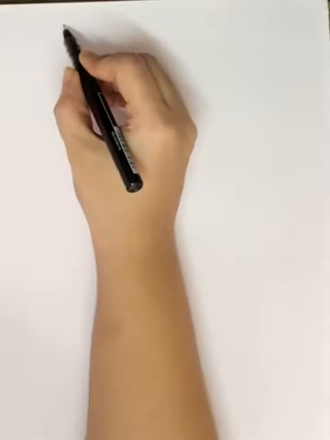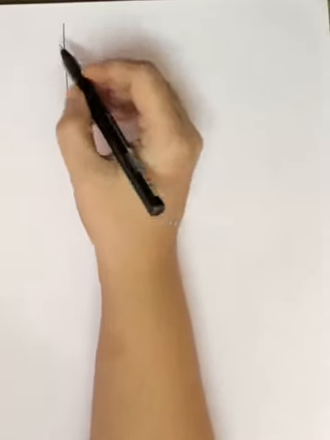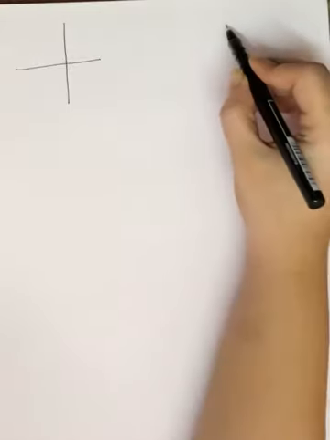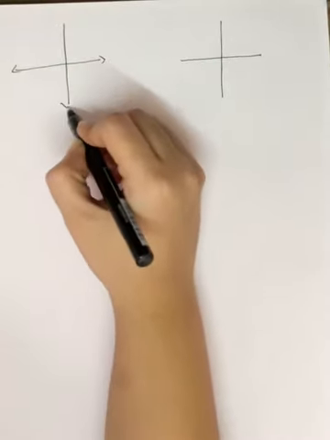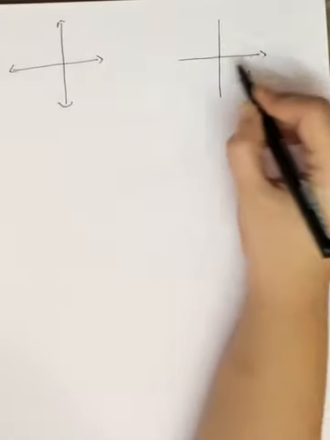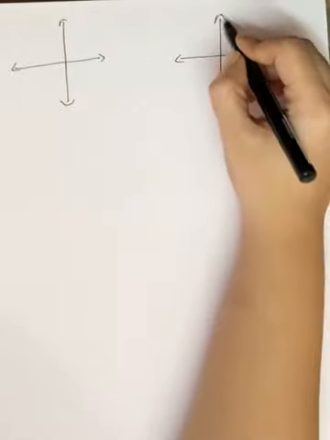But before that, let me remind you, let me take the complex plane here. I have mentioned this before, but in case you have forgotten, I'm giving a quick reminder.